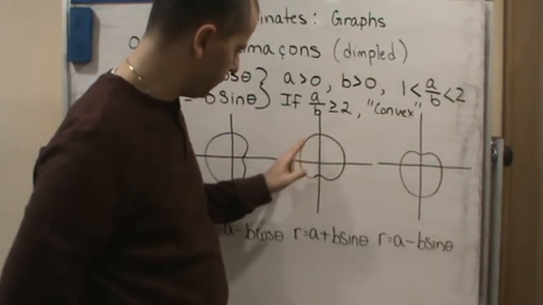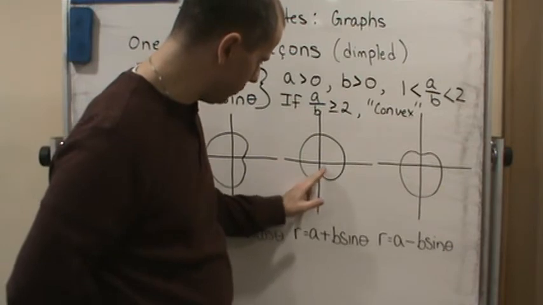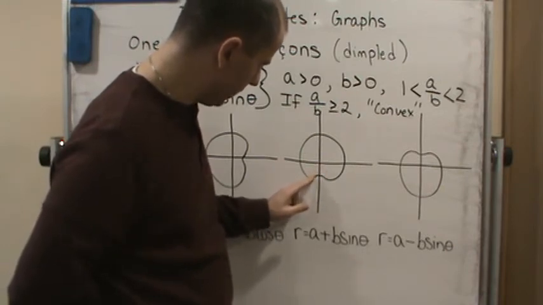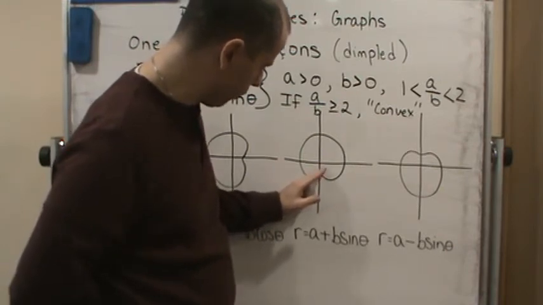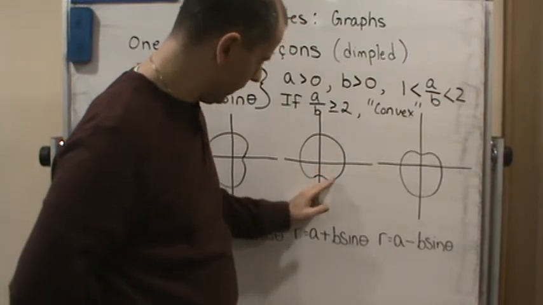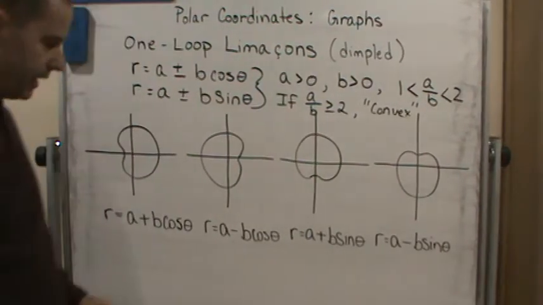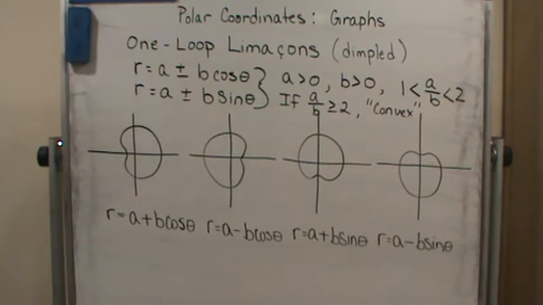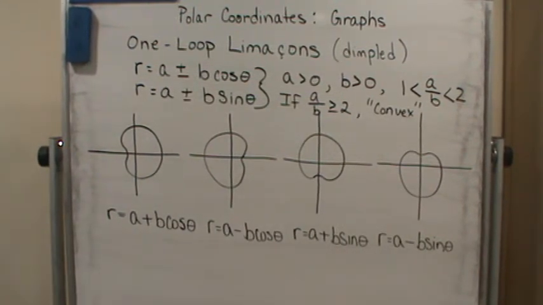So this is one loop, and then it'll have an inner loop where, instead of a dimple, it'll actually break and form a smaller inner loop and then come back around. But that's also a Limaçon. We call that a two-loop or inner loop Limaçon.